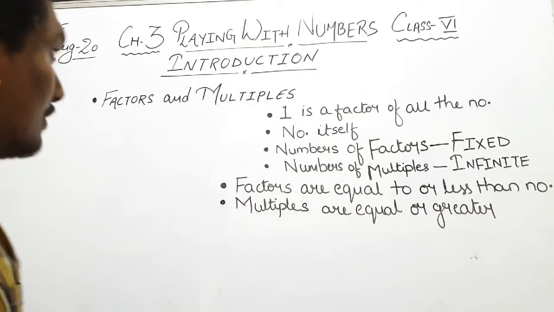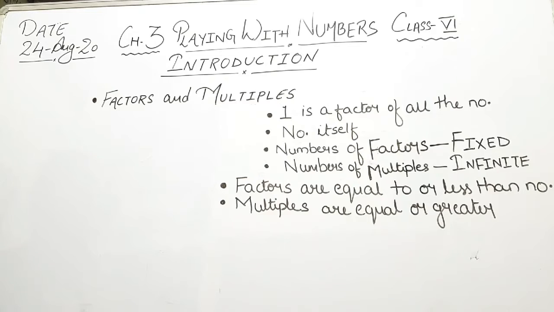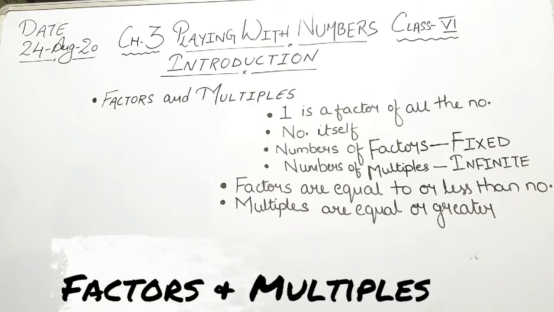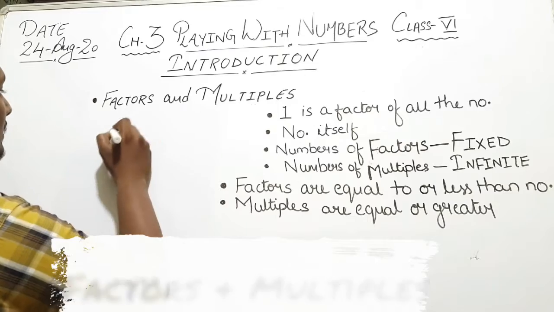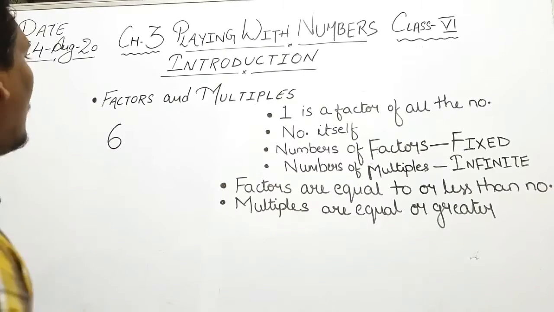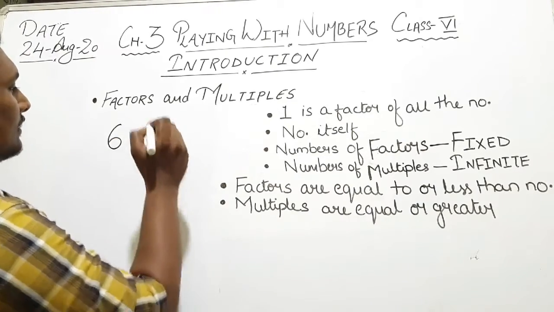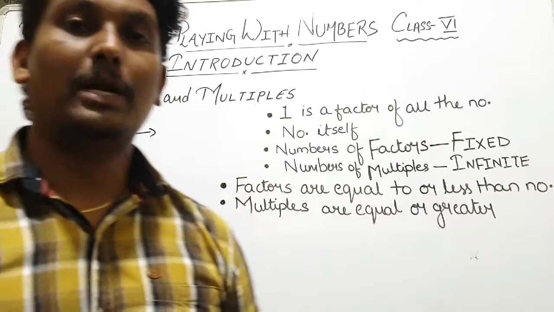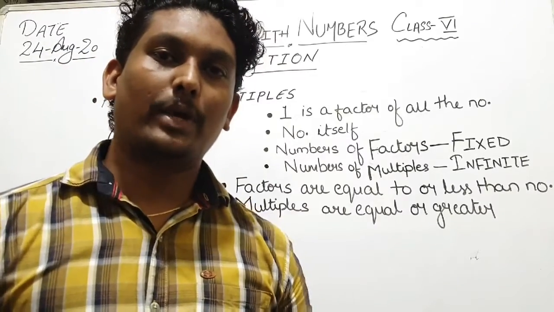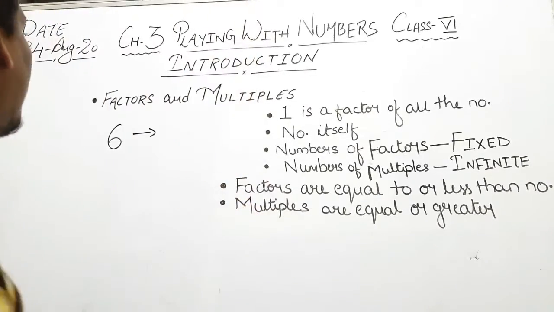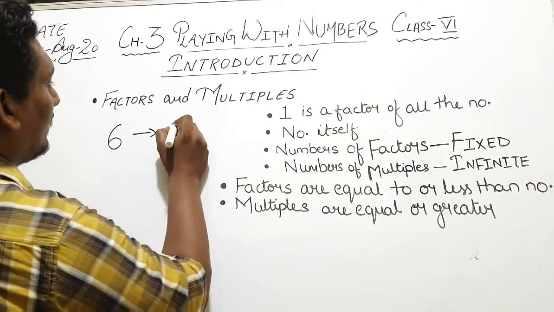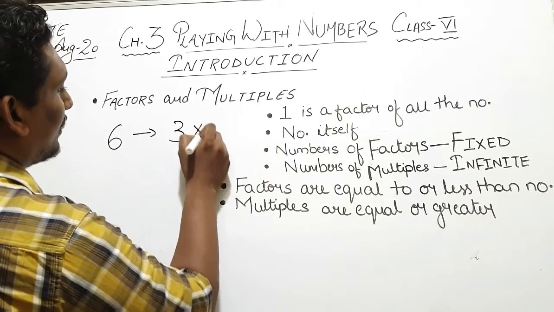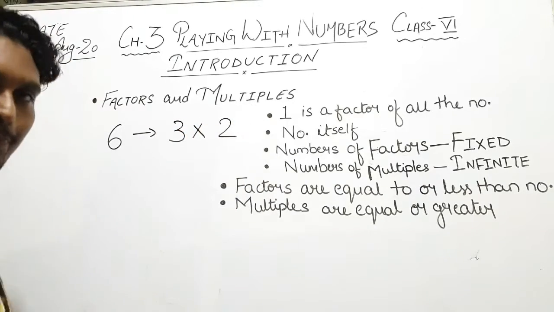Okay, so our first topic is factors and multiples, right? For example, I am taking the number 6. How do we get the multiple of 6? By multiplying 3 and 2.